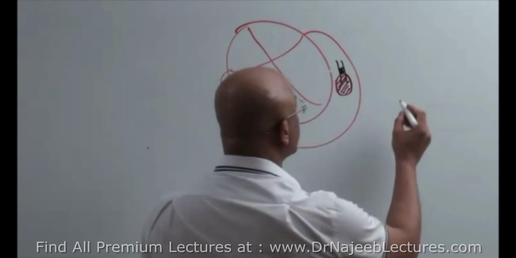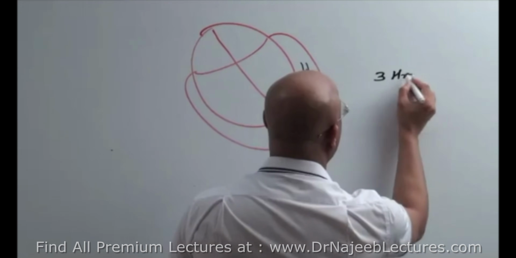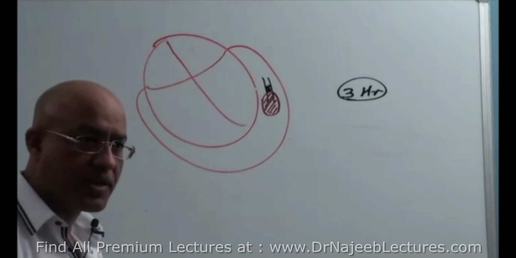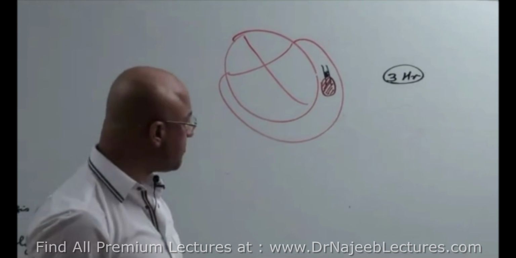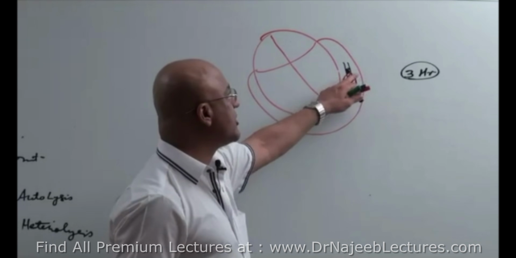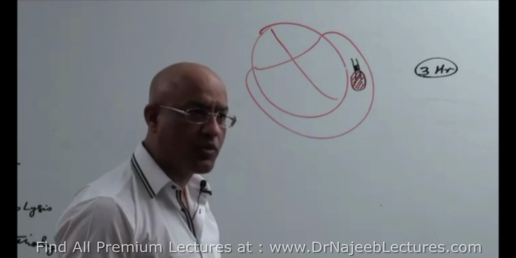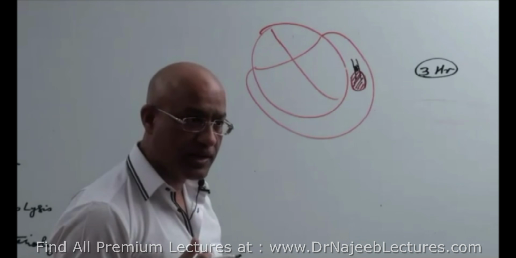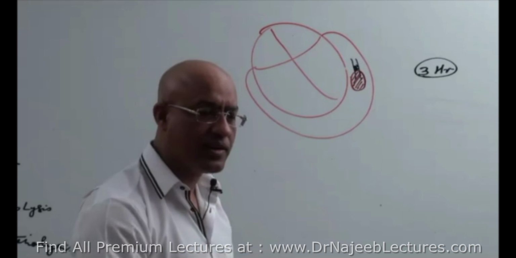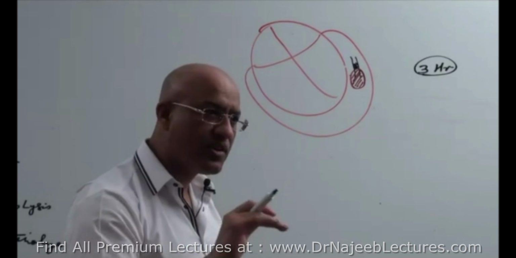For our example, the person dies after 3 hours of onset of severe chest pain. The cause of death may be that this ischemic area precipitated ventricular tachycardia or ventricular fibrillation. Due to tachyarrhythmia, the person dies.